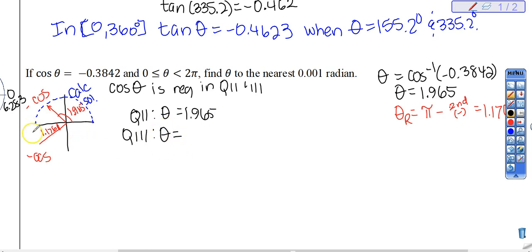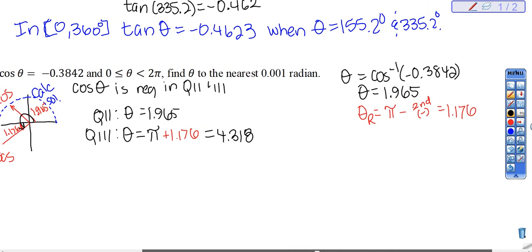So what are we going to start with? How do we get from here all the way to there using the reference angle? What do I start with? Pi, and we're going to add, right, the reference angle of 1.176. So theta in quadrant 3 would be 4.318.